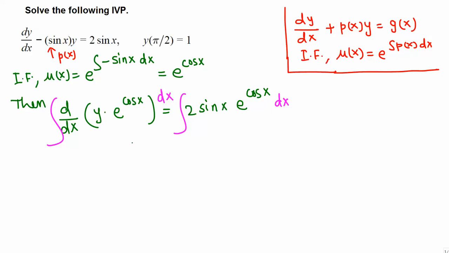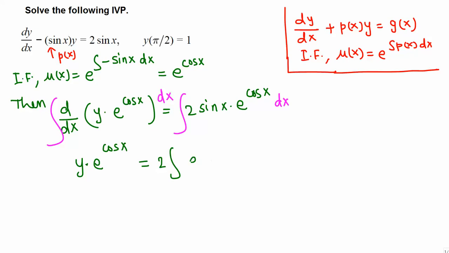Then we get y times e raised to cosine x is equal to, now we need to integrate the function 2 sine x times e raised to cosine x, so obviously a product, and we know the derivative of cosine is negative sine, so we can use the u substitution. So for that, let's make some adjustment. Let's pull 2 outside.